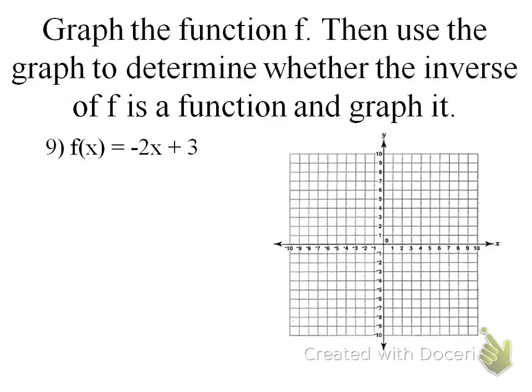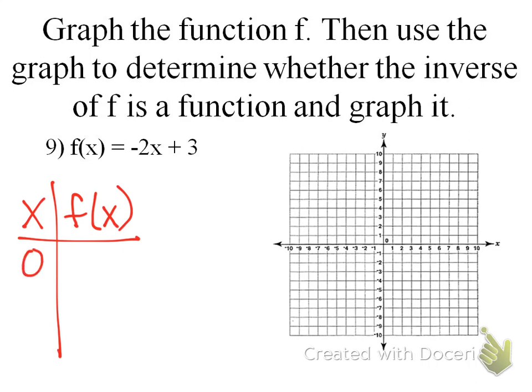I'm going to show you it with the input-output table. So I'm going to do my x's, I'll use function notation, and my f of x's. So let's plug 0 in. What would you get when you plug 0 in? 0 times negative 2 is 0, plus 3 is 3. Good.